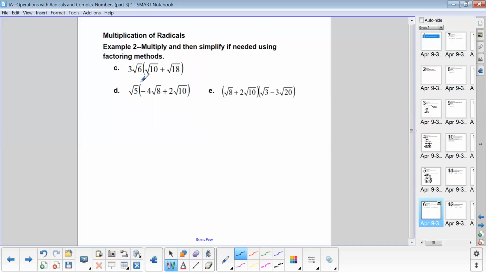Part D, I'm going to distribute again. So I get -4, since there's a 1 out here, so 1 times -4 is -4. Square root of 5 times square root of 8 would be square root of 40, plus 1 square roots of 5 times 2 square roots of 10 would be 2 square roots of 50, excuse me.